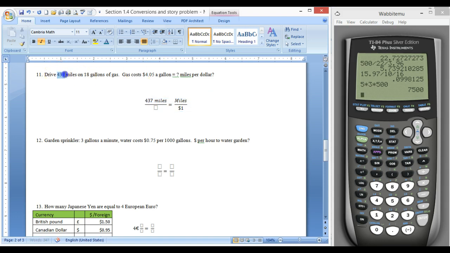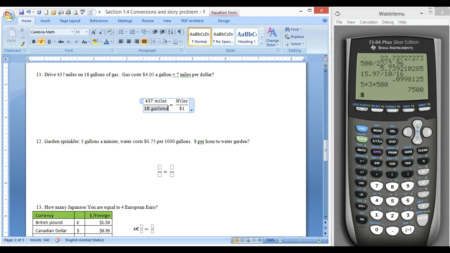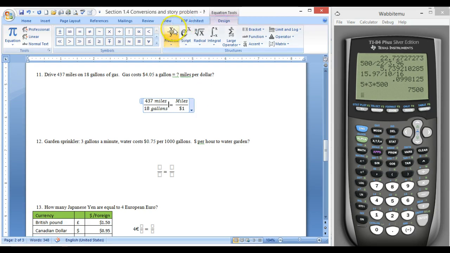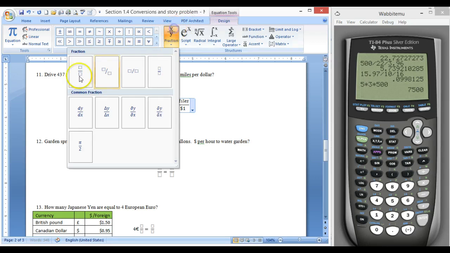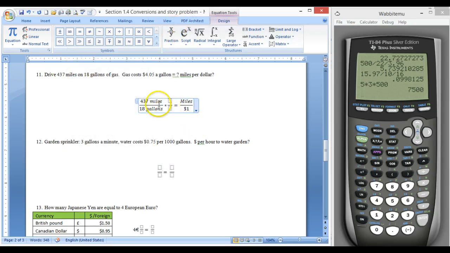Now I was told 437 miles were driven on 18 gallons of gas, which means I can put that on top of each other because it's equivalent. 18 gallons. Alright, now I know I'm going to have to start multiplying by some conversions here. I want to get rid of gallons because that's not in my answer. Because it's on the bottom, I'm going to put it on the top.